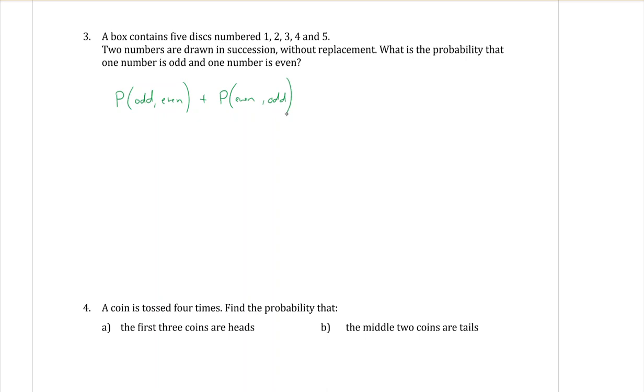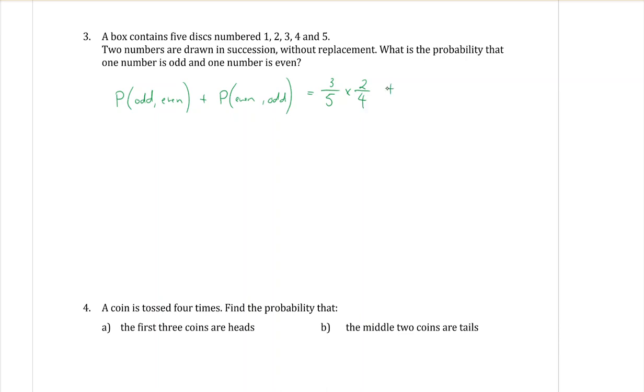Odd then even, looking at my 5 numbers, there is 3 odd numbers out of the 5. If 1 odd number has been selected, I then have 4 numbers left to choose from, and I have to choose an even number. How many even numbers are there left out of the 4? 2. So I'm going to times that by 2 out of 4. That's the first probability.